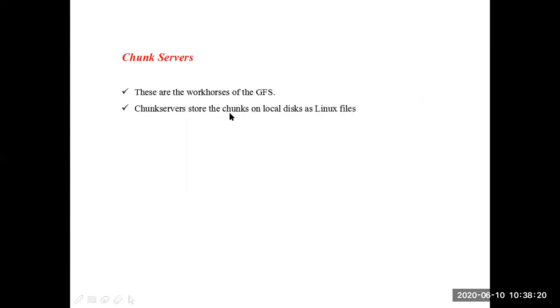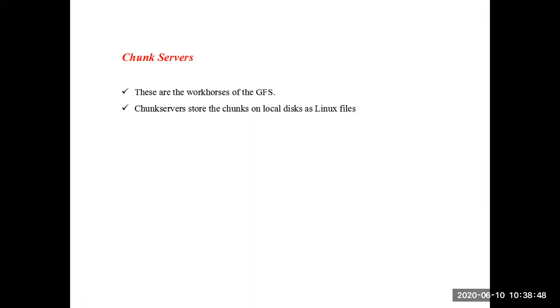Chunk servers will store the chunks on the local disk as Linux files. Chunk servers are the machines where the file chunks are actually stored. Whenever we want to store a file, it will be divided into a number of chunks, and those chunks are stored in the chunk servers, in the local disk as Linux files.